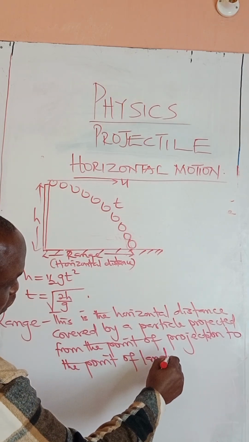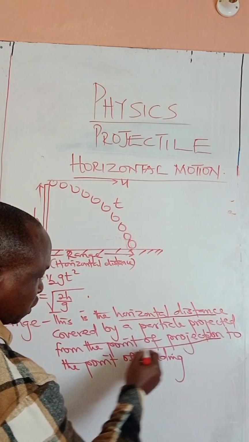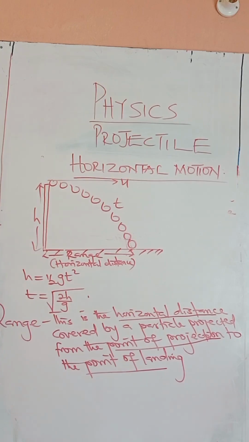Please take note of the definition. It is the horizontal distance from the point of projection to the point of landing. That is the range. It's a distance.